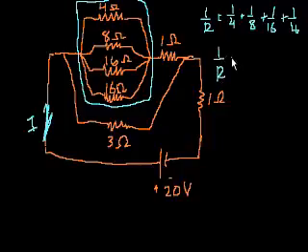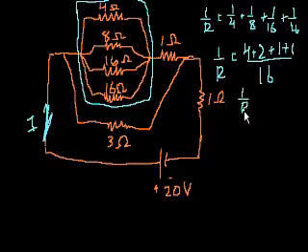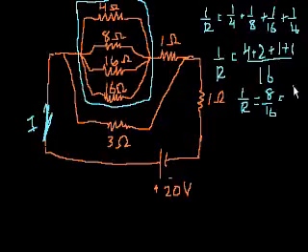Now it's just adding fractions, over 16. 1 over 4 is 4 over 16, plus 2 over 16, plus 1, plus 1. So 1 over R is equal to 8 over 16, which is 1/2. So that equivalent resistance is 2. So quickly, all of these resistors combined are equal to 2 ohms.